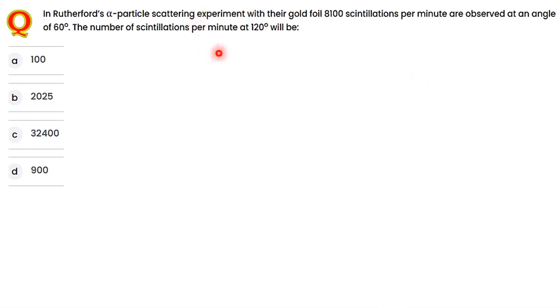See this one in Rutherford experiment. You have to remember this formula. Alpha particle scattering at an angle theta is given by N is equal to Q N T Z square e power 4 divided by 8 pi epsilon naught r square E square, and sine power 4 theta by 2. You remember this one.